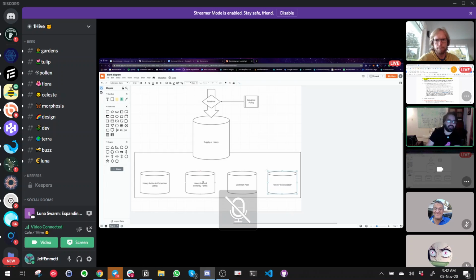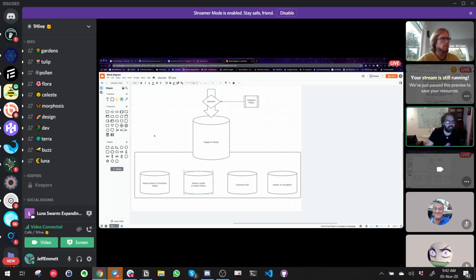Okay, so this is pretty basic to start, but basically what we're saying is that there's a supply of honey. I reshuffled these so that it's easier to draw piping between them. There's multiple things going on here, and I want to separate the notion of honey coming into existence and honey moving between subsystems.